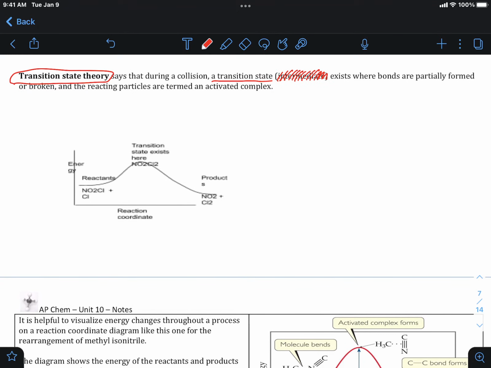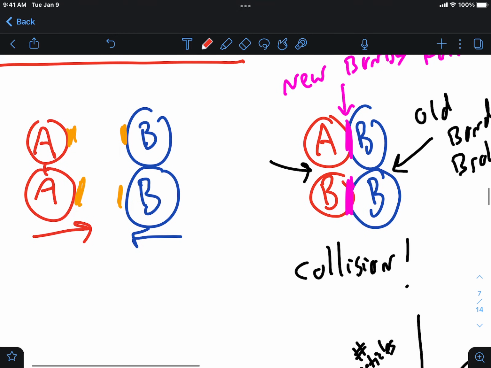So, before I look at this particular diagram, let's go back to the example that we used earlier. Okay, so here, when this reaction took place, when A2 collided with B2, this whole thing would be called the transition state, right?